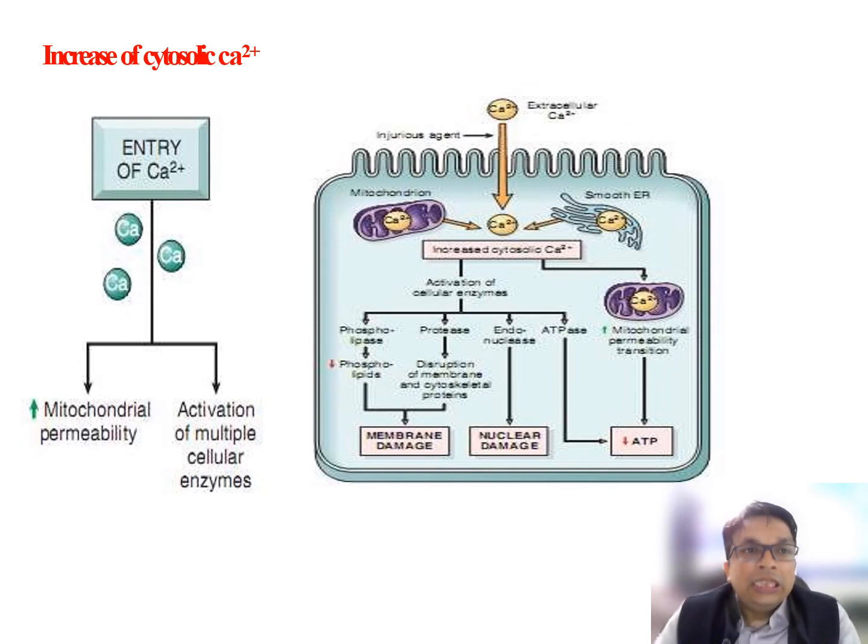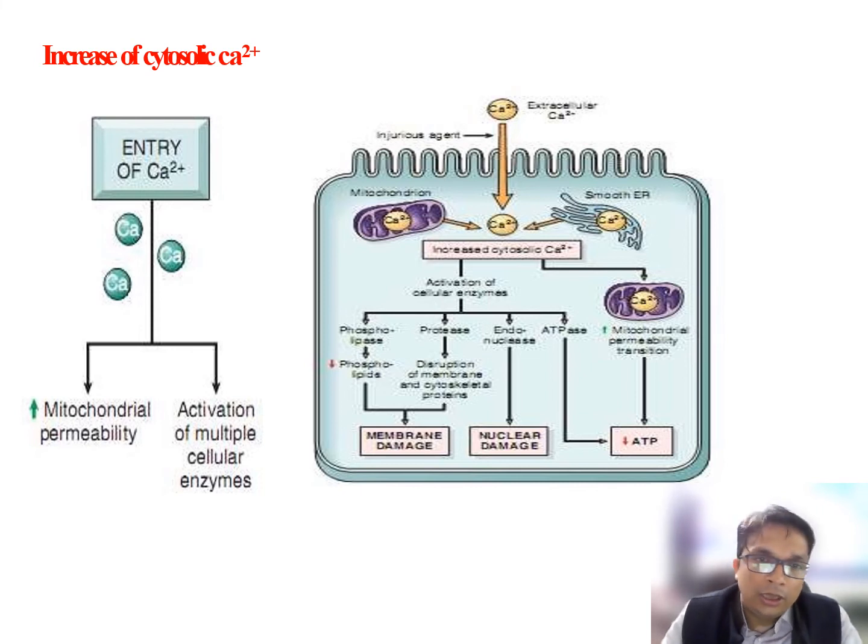Another one is an increase in cytosolic calcium ion. If the entry of calcium ion increases, this results in increased mitochondrial permeability. If the mitochondrial permeability is not selective, it could result in activation of different pathways.